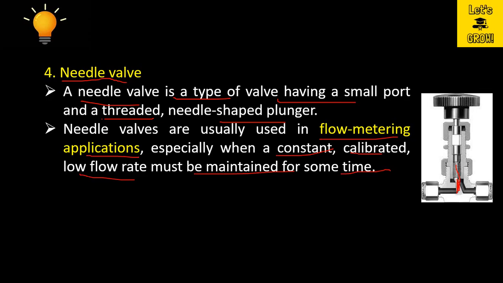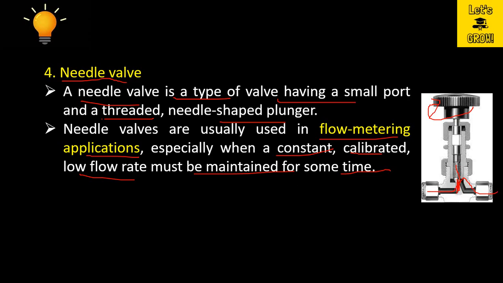So first of all, in a needle valve, the discharge is regulated using a small needle. When you rotate this knob, this plunger or needle will move in the upstream direction and flow will take place from here to here. So the obstruction is regulated using this plunger, and basically it is used for small flow.